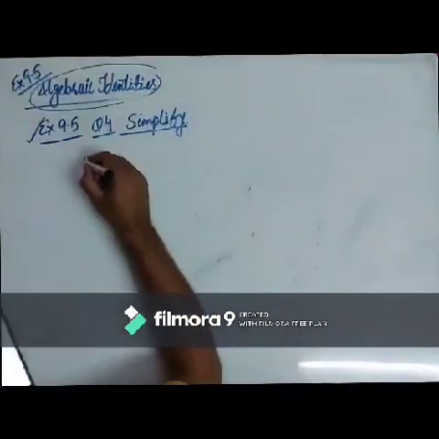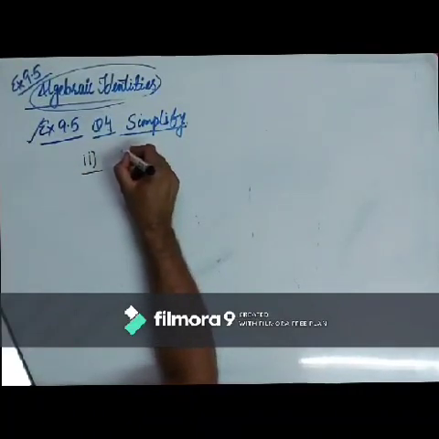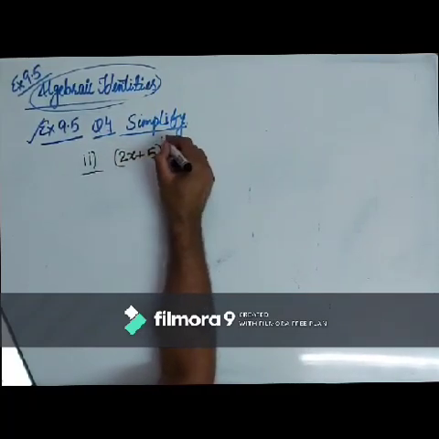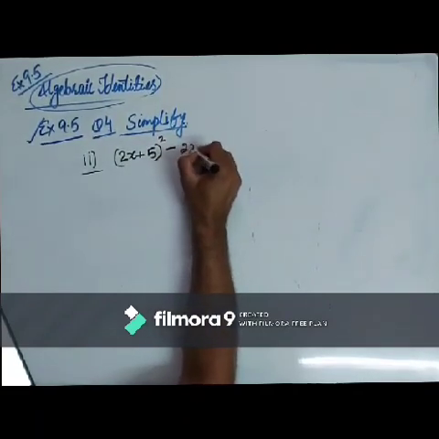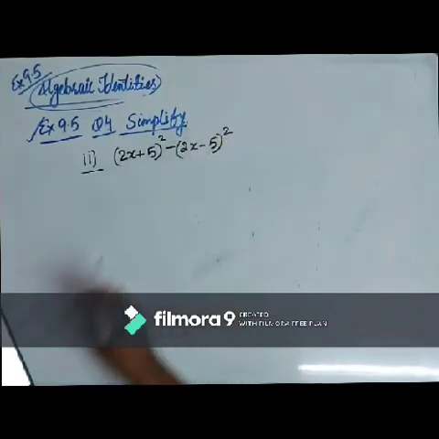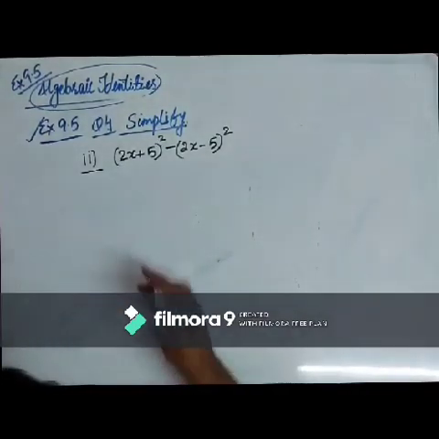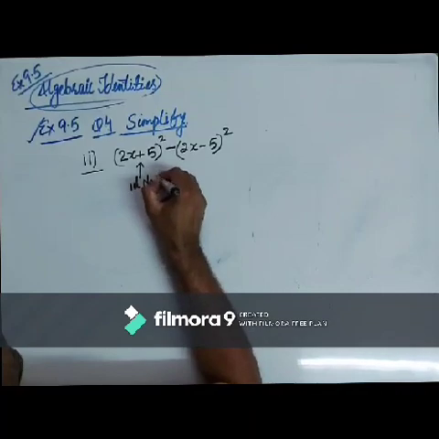Let's take up the second question of exercise 9.5, question number 4, which says 2x plus 5 whole square minus 2x minus 5 whole square. So this question is basically the combination of two identities. This is identity number 1.